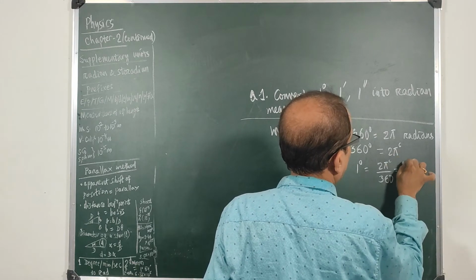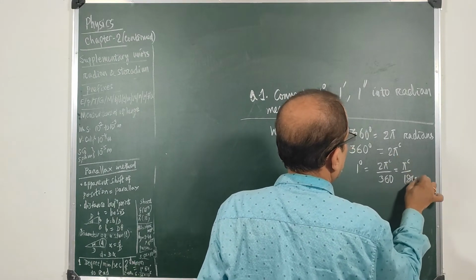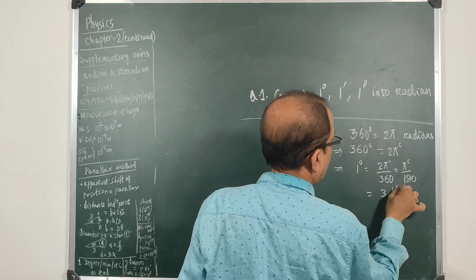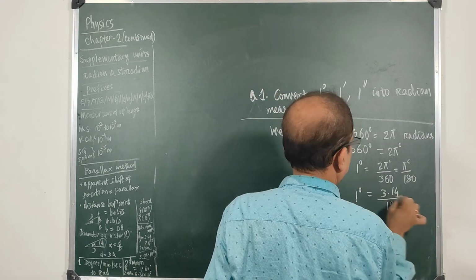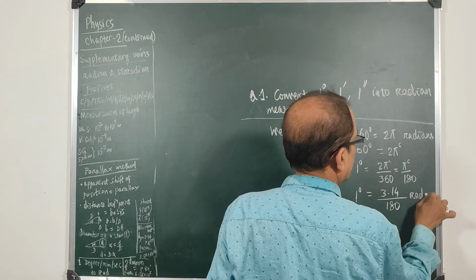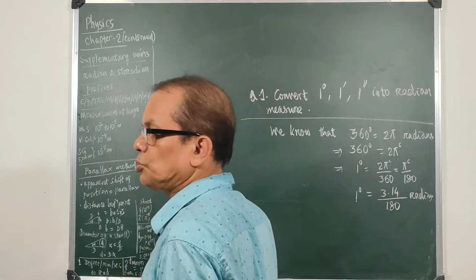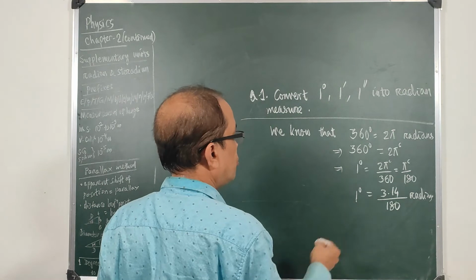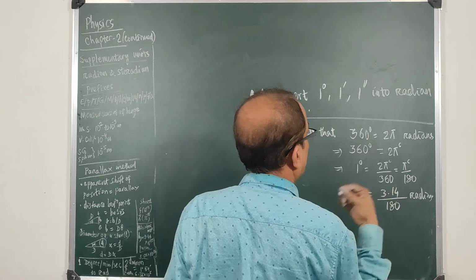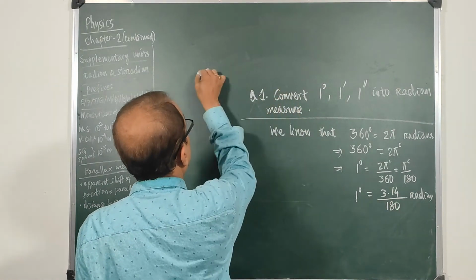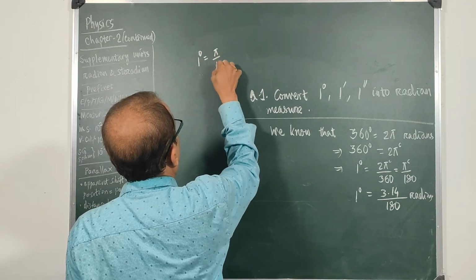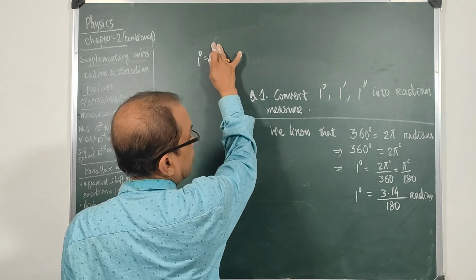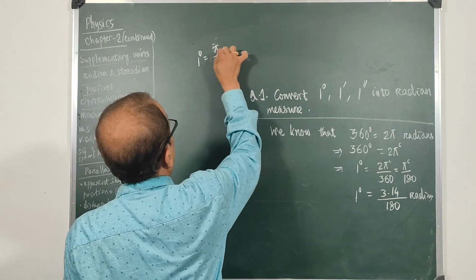This will be pi upon 180, and we can use the value of 3.14 and divide it by 180 to get this result. We can use a calculator to find this one. So we remember 1 degree is equal to pi upon 180.